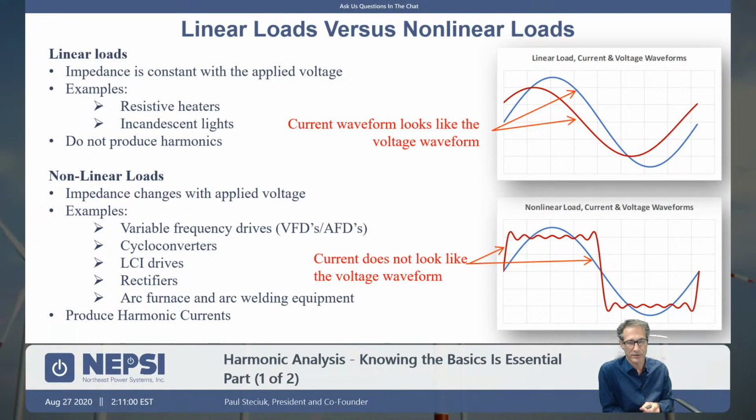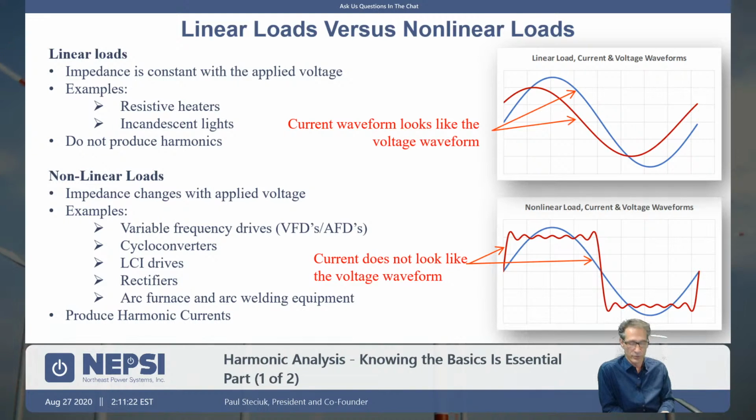You have a square wave current, and your normal circuit analysis falls apart, because normally you put a sinusoidal voltage in and you get a sinusoidal current. So really, harmonic analysis is being able to do the analysis with these types of loads.